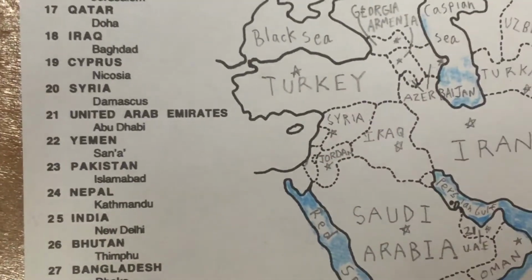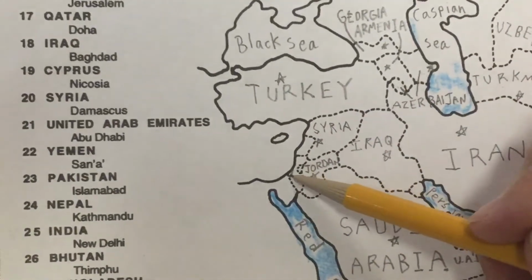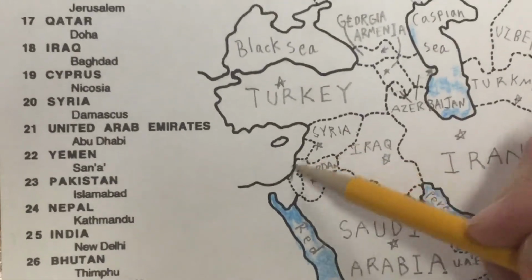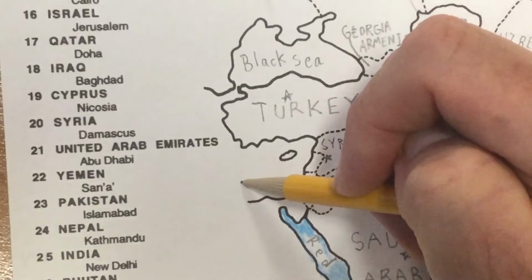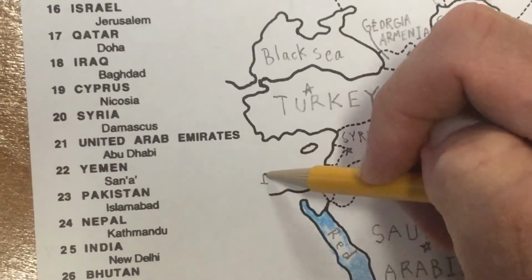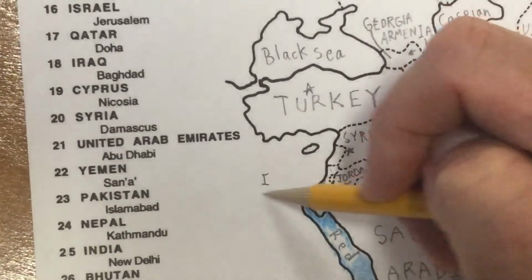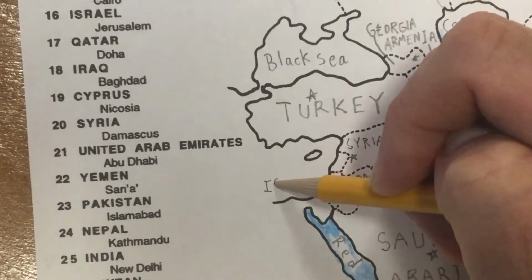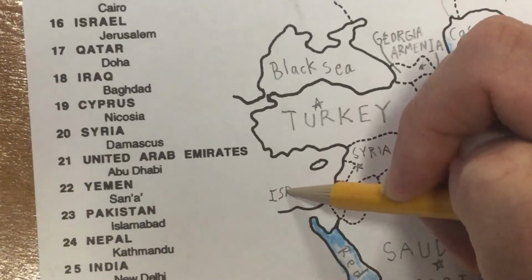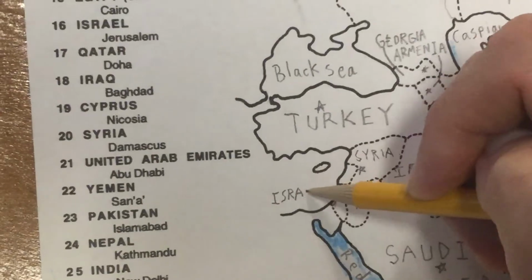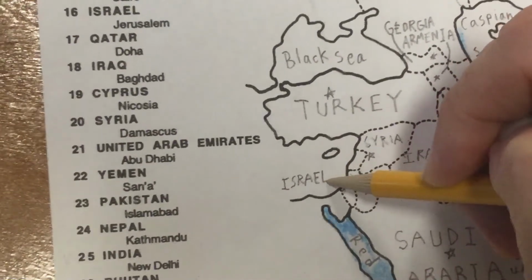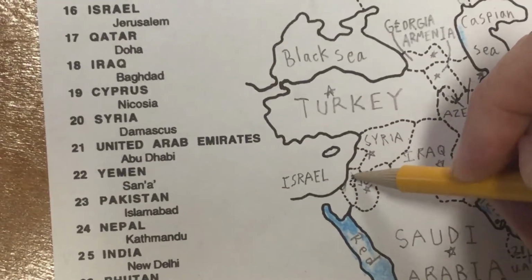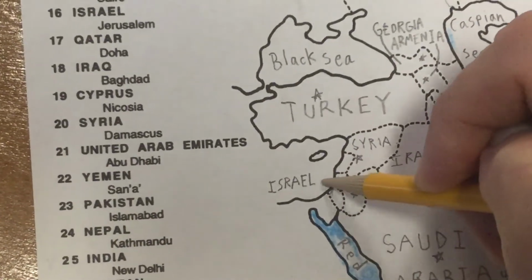I drew a little line, if you can see it, right here, showing another little area. First, let's label the country. I'll write it over here in the Mediterranean. This is the Mediterranean over here. ISRAEL. Okay, I'll put a little leader line to Israel.